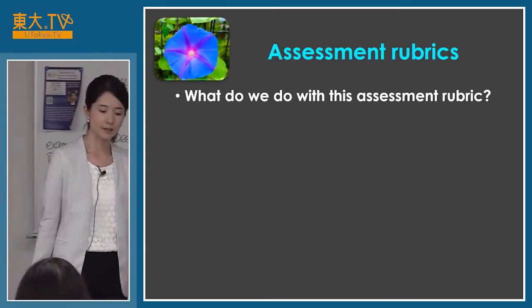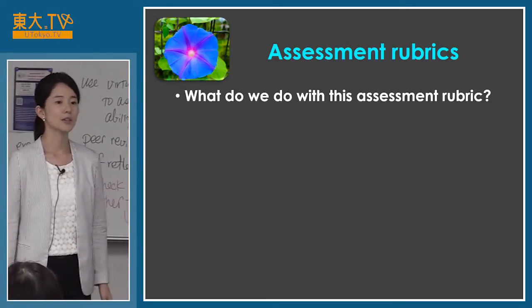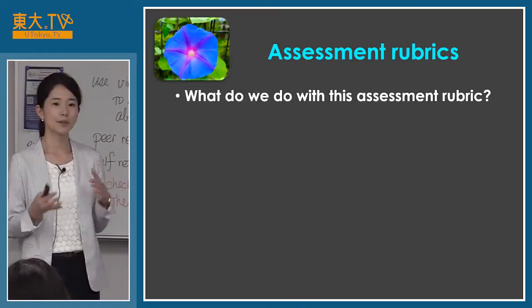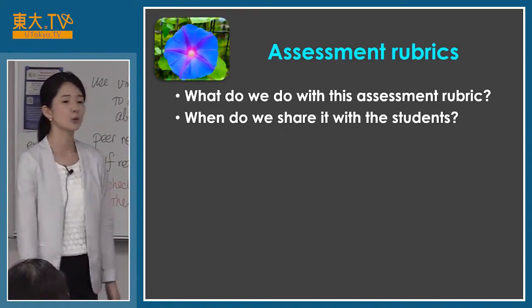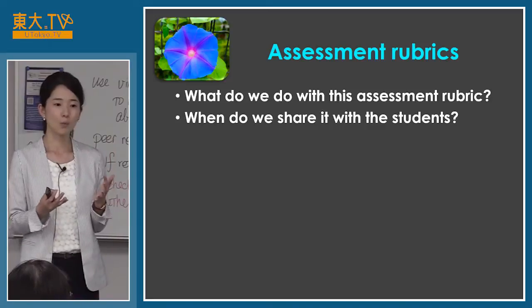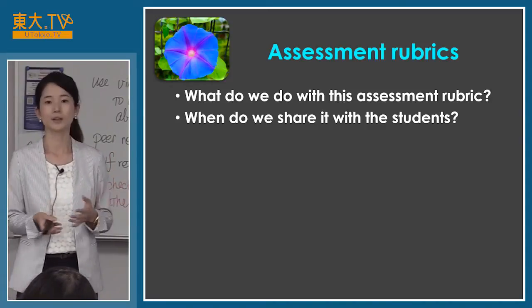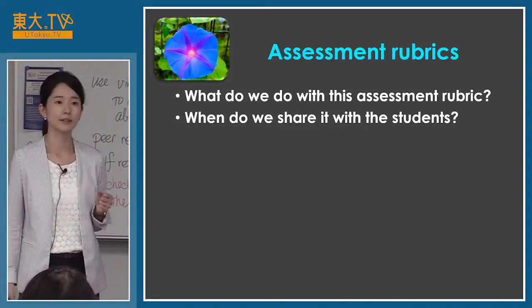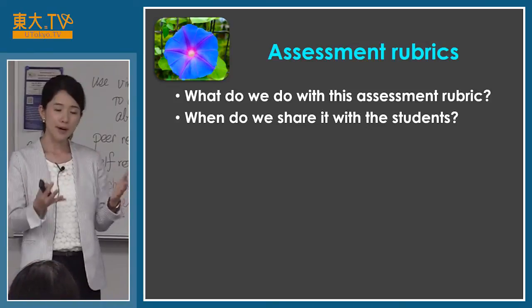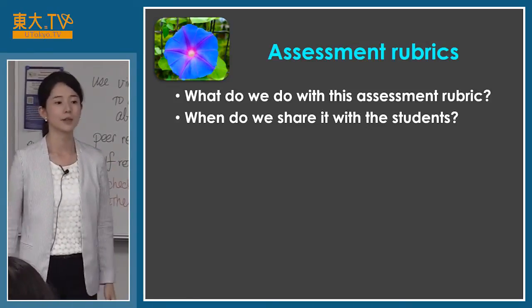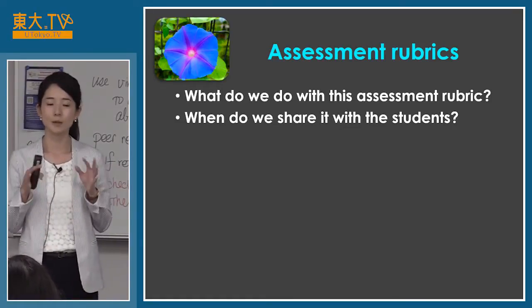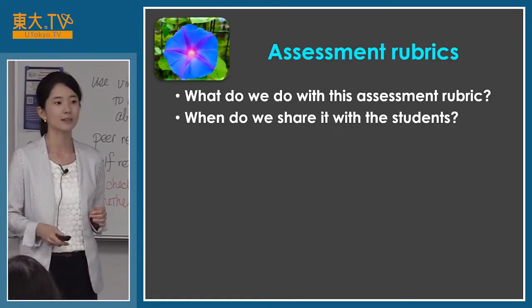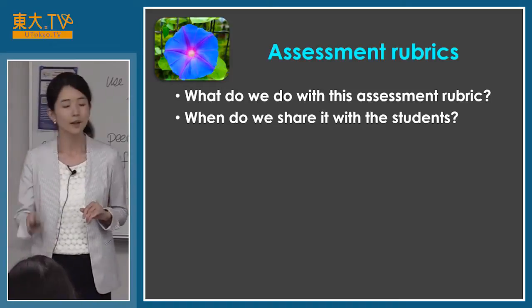Like I started talking about, we are going to share it. We want to share this with our students so that they will know on what basis their performance is graded. And when they prepare to do this presentation, for example, they know what kind of areas to focus on, and in performance as well, they know exactly what they should focus on.